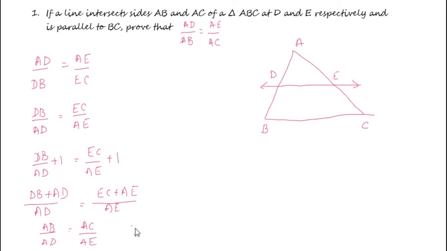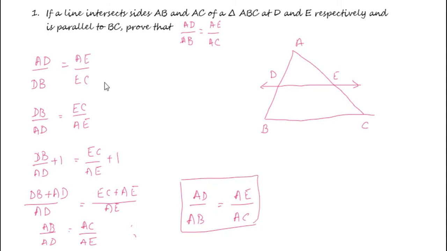Now invert again: AD divided by AB equals AE divided by AC. That is the proof.